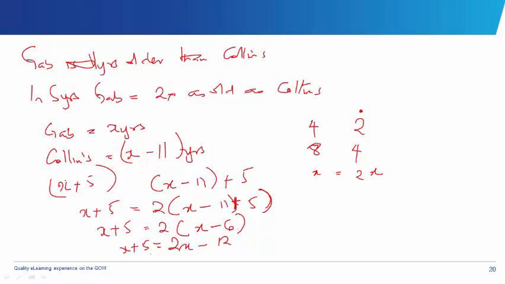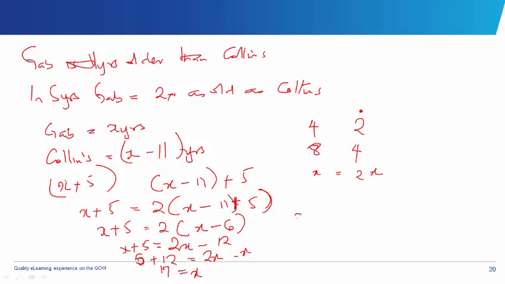We'll collect like terms. We have 5 plus 12 equals 2x minus x. Therefore, 17 equals x.